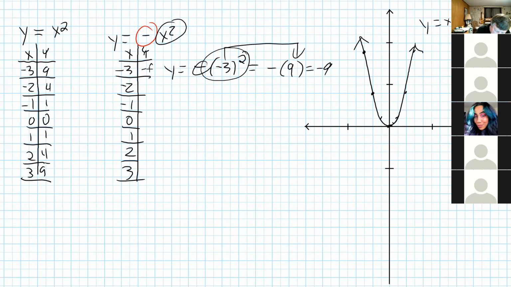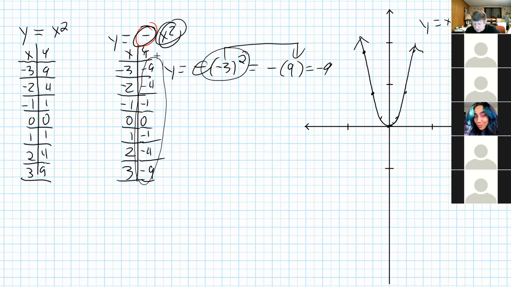So what are my y values going to look like? They're all going to be negative because you're going to square it and then apply the negative sign, order of operations. So what are all those y values going to be now? They're negative, aren't they? Except for 0.